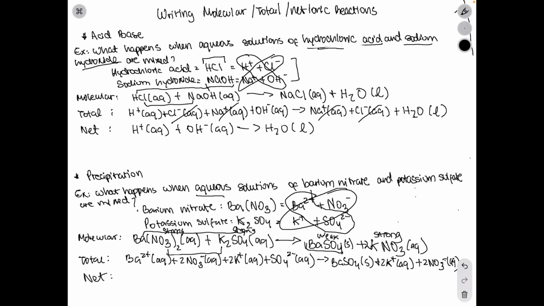So we already listed all the ions and their states for the total, but now we have to subtract and remove the spectator ions, the ones that do not change between the product and reactant side. So that's how we get our net ionic equation.